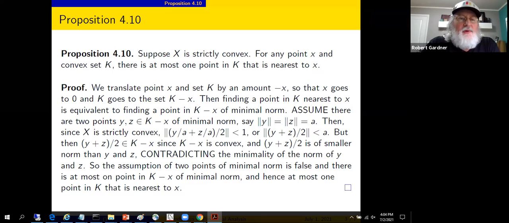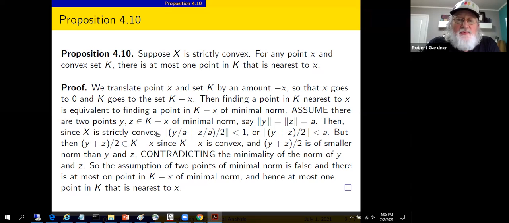But X is strictly convex by hypothesis, so that means if we take the unit vectors y divided by a and z divided by a, so normalize these two vectors, take y over a plus z over a, add those unit vectors together, divide by 2, in a strictly convex space, you're going to get a resulting vector that has norm strictly less than 1.